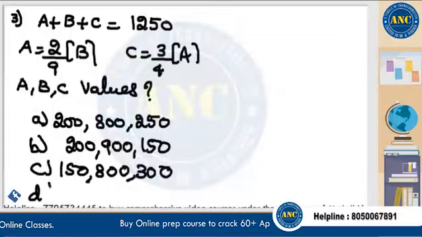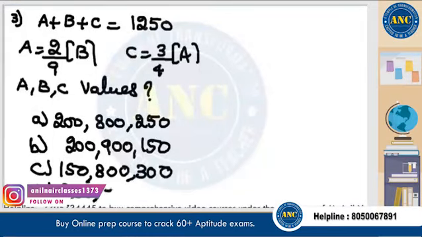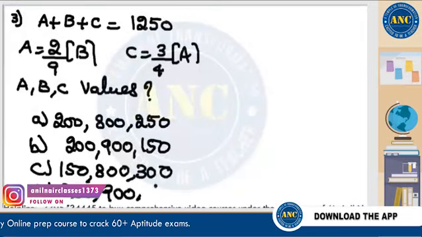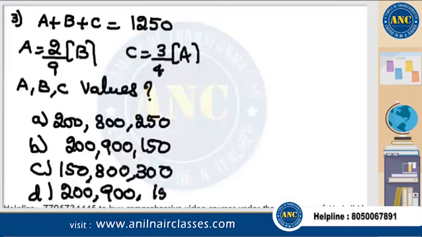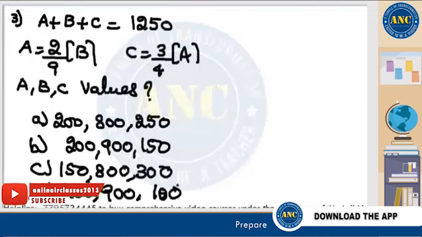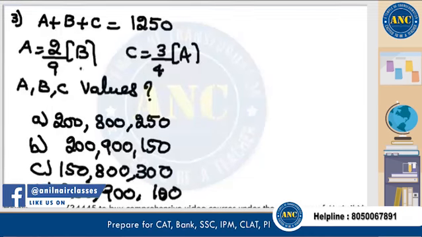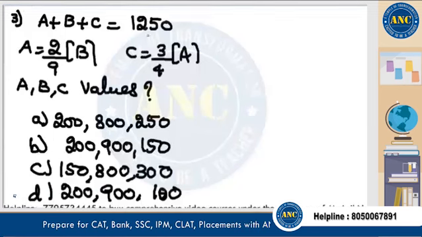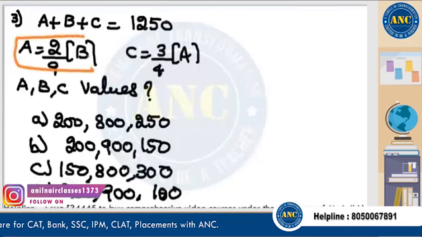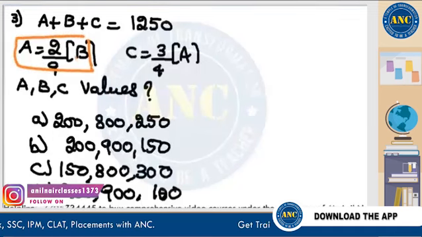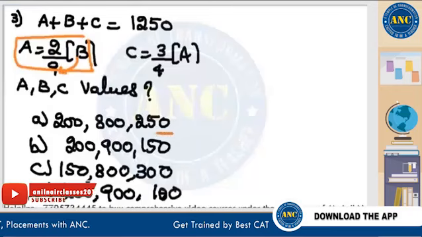Original competitive exam question, 200, 900, 100. A plus B plus C is 1250. A is 2/9 of B. C is 3/4 of A. Suppose A is 2/9 of B, so B should be a multiple of 9.